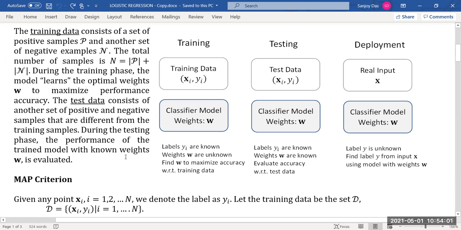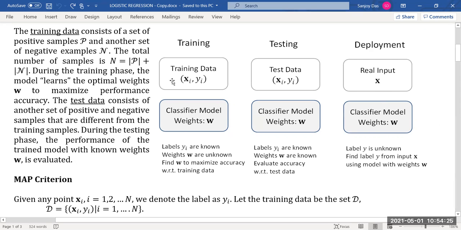For instance, instead of actually thinking and diagnosing what the patient has, a doctor can simply use this model and say, you probably have this disease, or you probably don't have this disease.